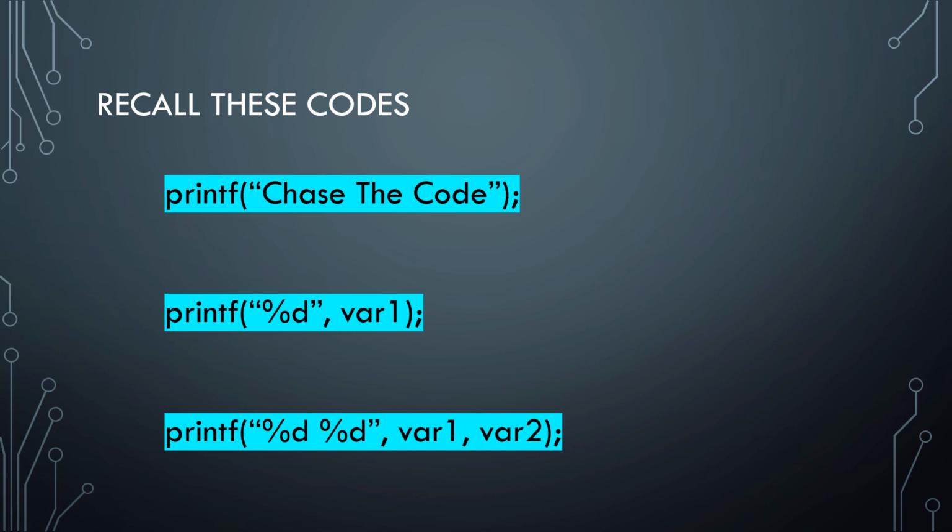The first argument in printf is always within double quotes, isn't it? The reason behind this is that the first argument of printf is always a string constant, that is, a sequence of characters to be printed on screen. The first printf statement prints chase the code, which is nothing but a sequence of characters, or string.